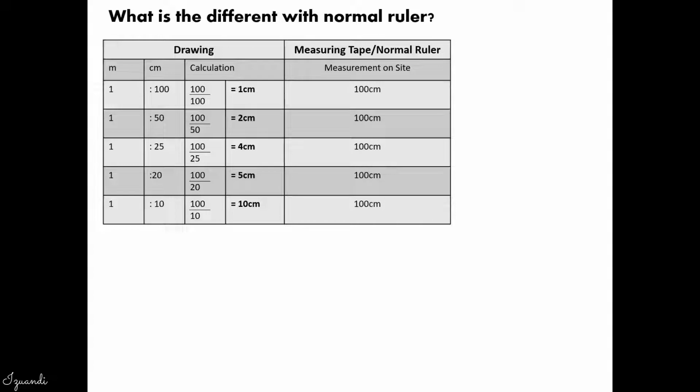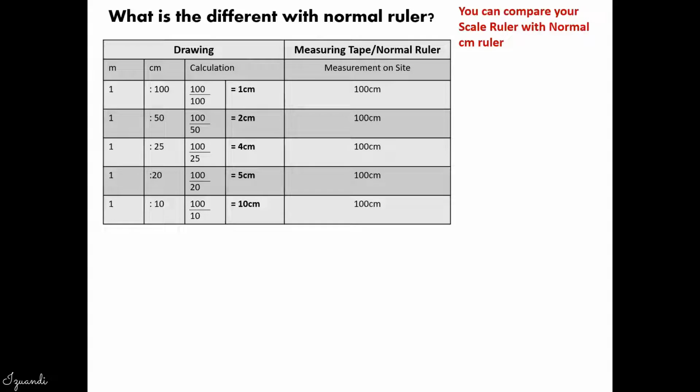For the 1 to 20 scale, you will draw a 5 centimeter line to represent 1 meter of whatever it is, a wall or windows on site, and 1 to 10 will represent 10 centimeters in the drawing, while on site it will be 1 meter.